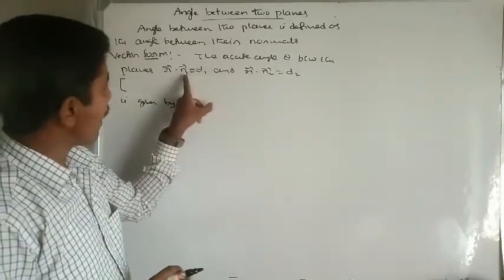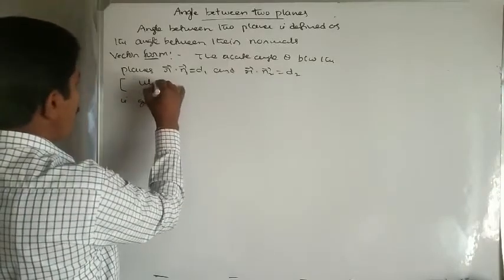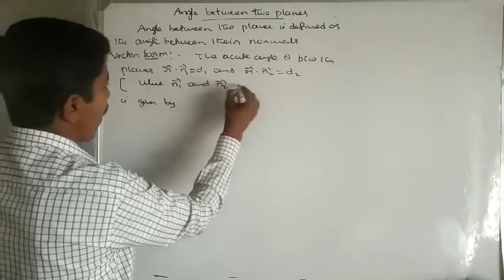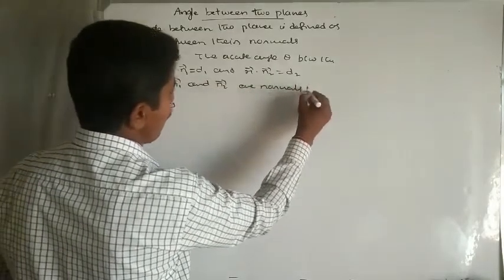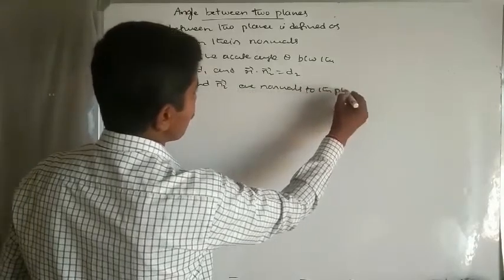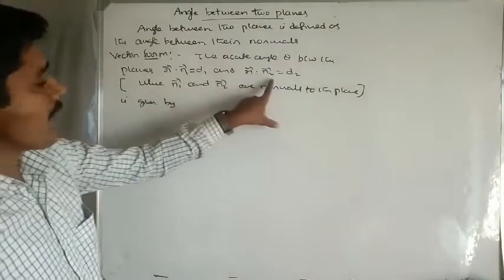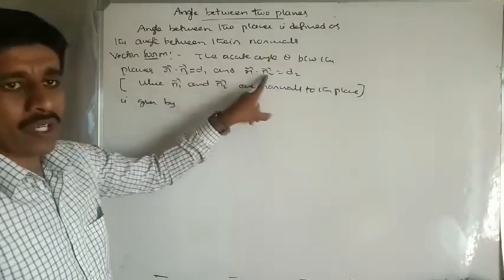Here vector n1 and vector n2 are normals to the planes. So here angle between two planes is nothing but the angle between the two normals.